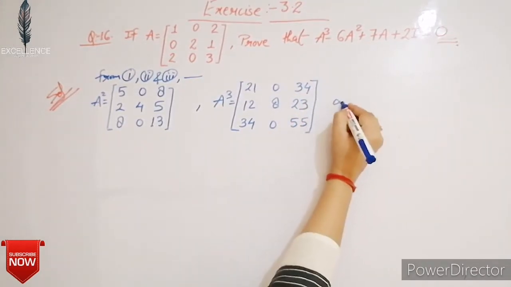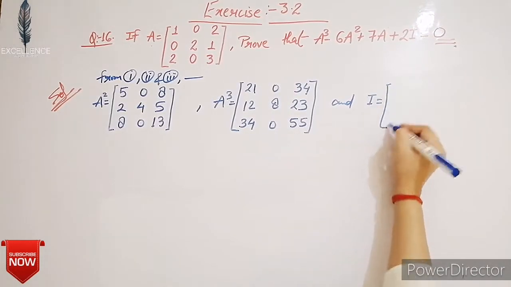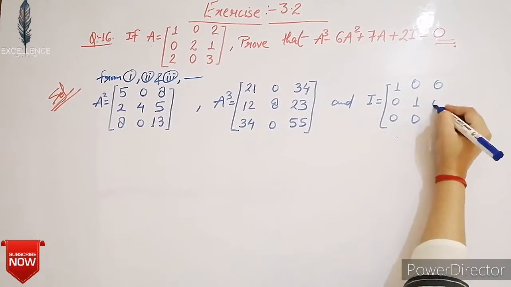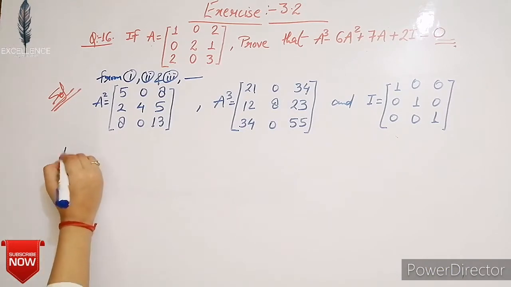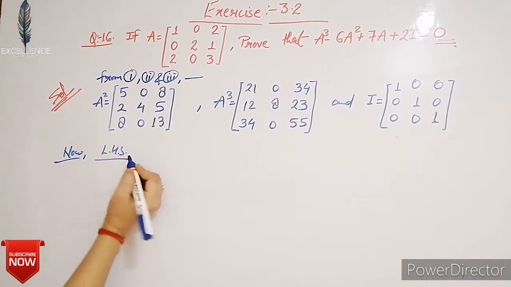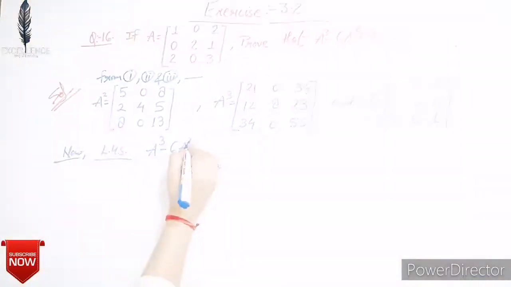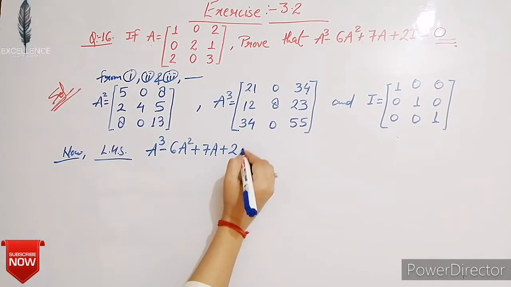An identity matrix I is equal to 1 0 0, 0 1 0, 0 0 1, where the diagonal elements are 1. Now, take the LHS part, that is A cube minus 6A square plus 7A plus 2I.